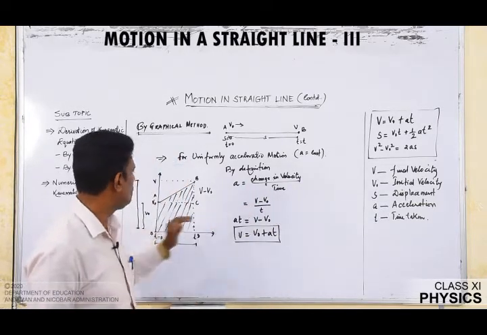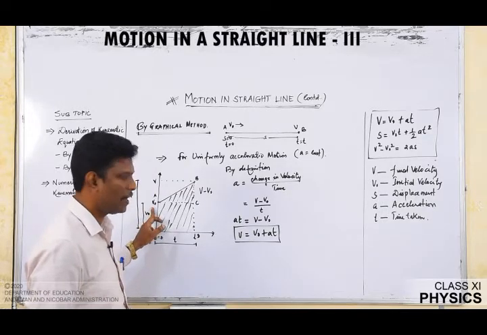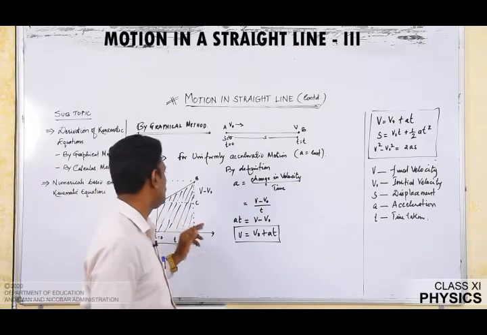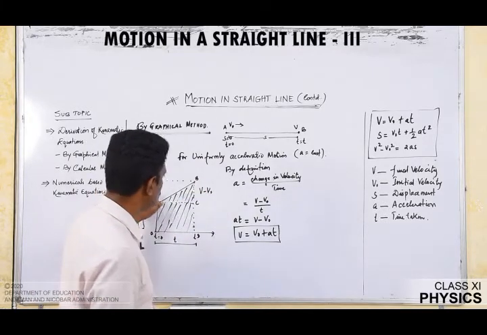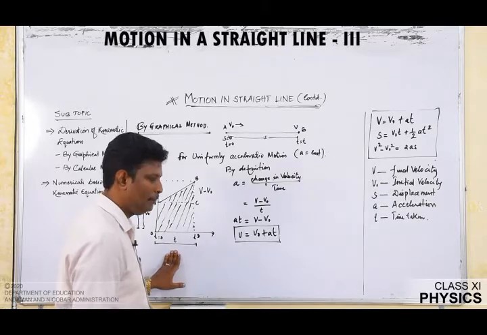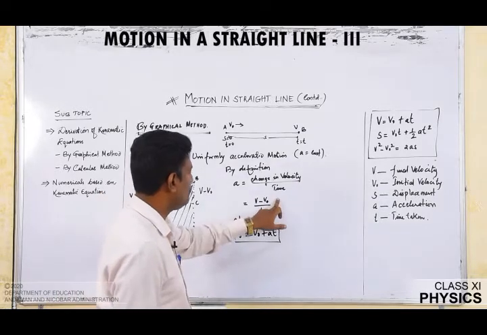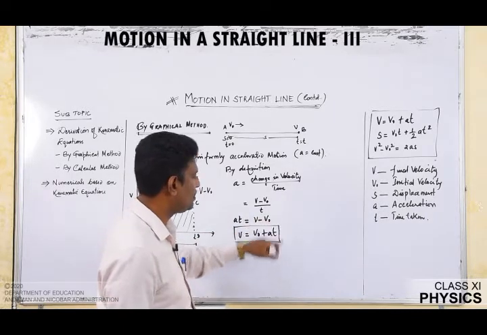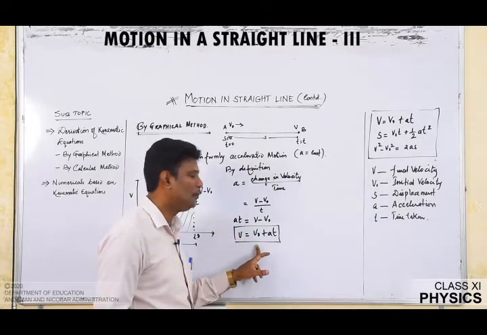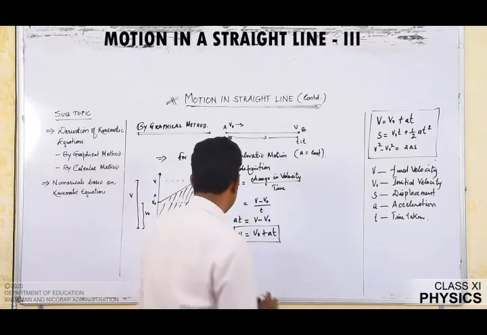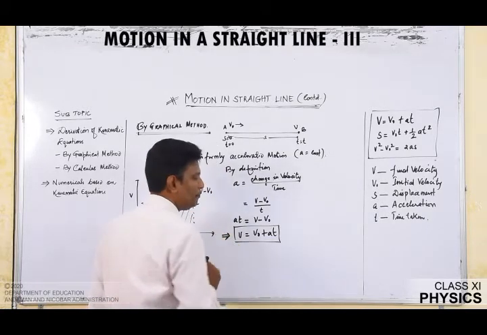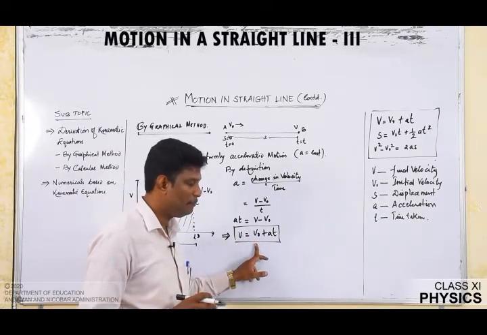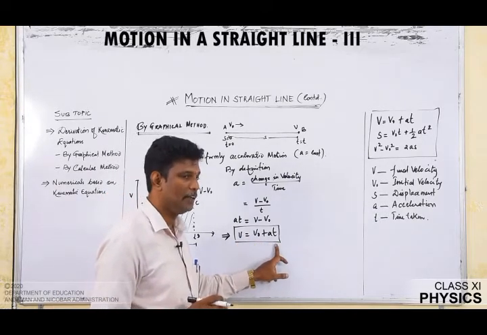The object is starting from the velocity V naught and due to uniform acceleration, it is arriving at the final velocity V taking time t. So, V minus V naught by time taken t, that can be written as AT is equal to V minus V naught and V is equal to V naught plus AT. This is the first equation, which is relating initial velocity, final velocity, acceleration and the time taken.